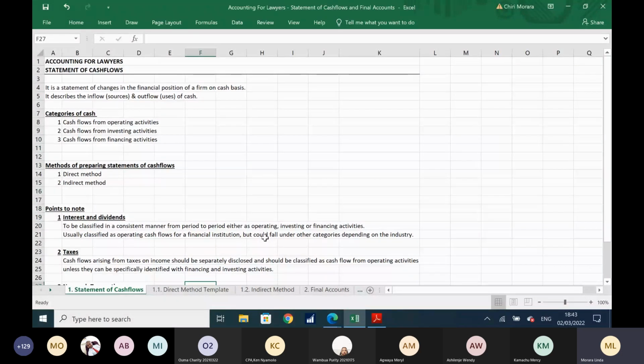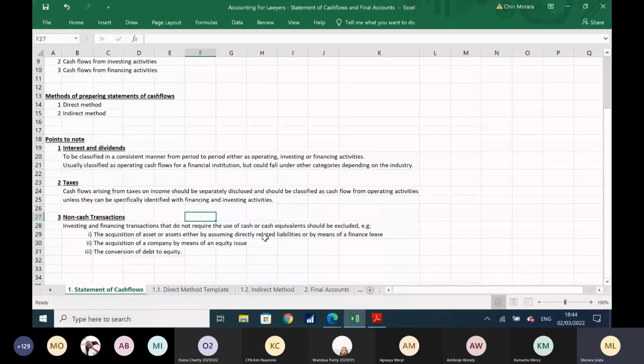So that, let's say we did a fixed deposit and we got an interest, so that's our inflow, our cash from investing. But then if it's specific to a financial institution, then you would know that their income there is interest, so it will stop being a financing activity, but it will be an operating activity.